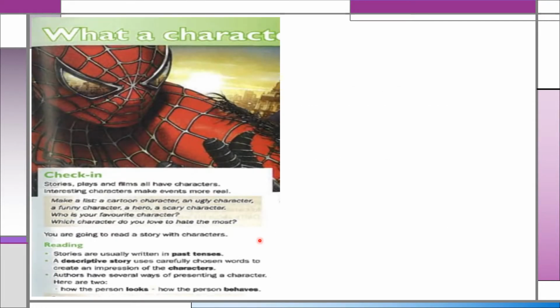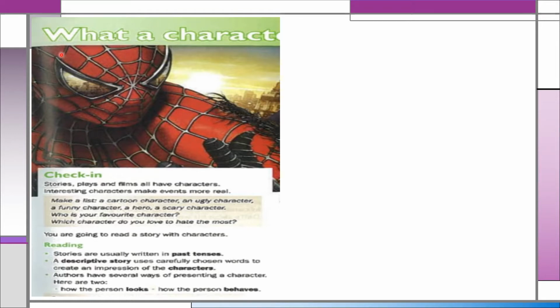Before reading our lesson for today, we want to know the title of our unit and the important tips that you have to know before starting our lesson.